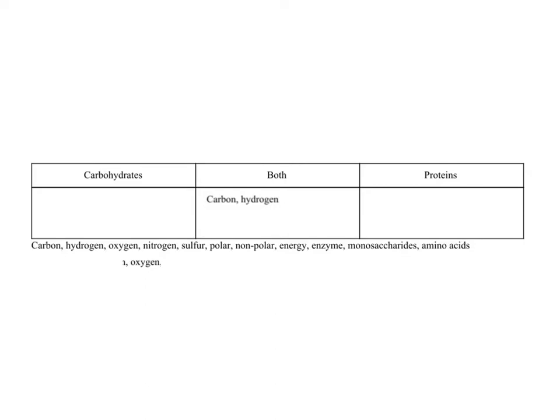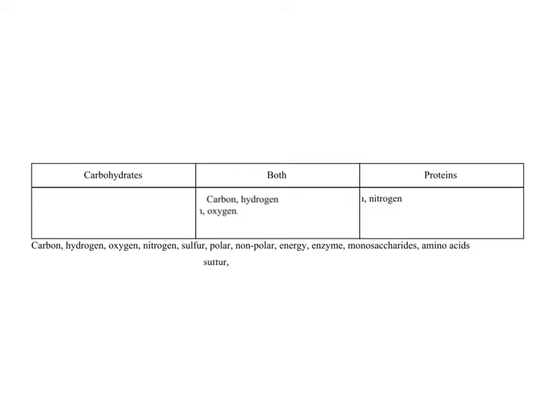So in this case, oxygen also gets to go in the middle because it's in both carbohydrates and proteins. Nitrogen, however, is a little bit different because it only belongs in proteins. Carbohydrates have carbon, hydrogen, and oxygen, but not always nitrogen. The same is true for sulfur.